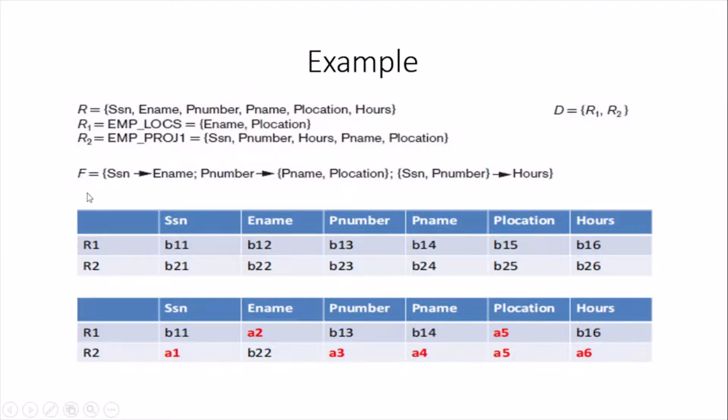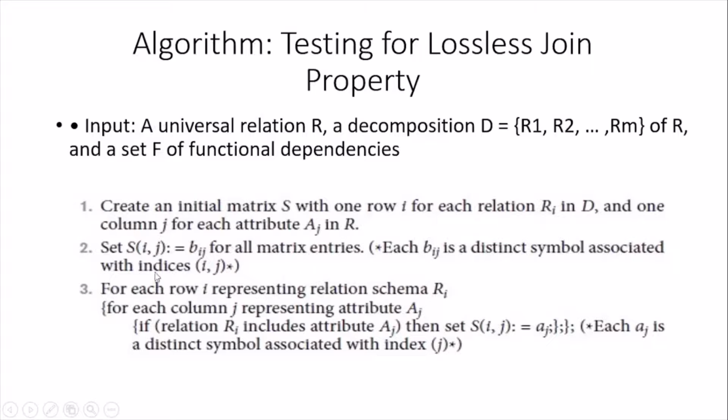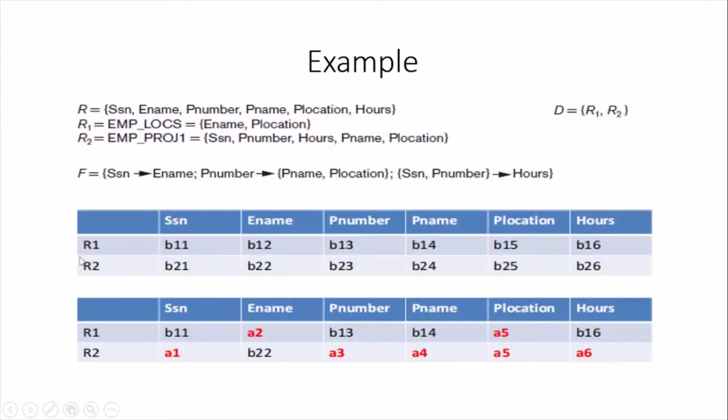According to the algorithm, the first step is to create a matrix. The number of rows will be equal to the number of relations, and the number of columns the number of attributes. You have two relations here, R1 and R2, so two rows, and six attributes, so six columns. That is the first step.